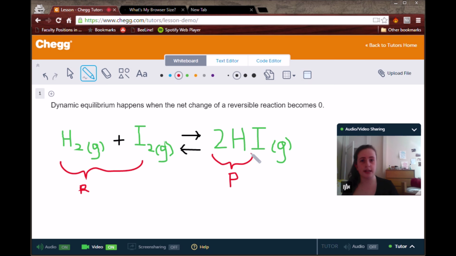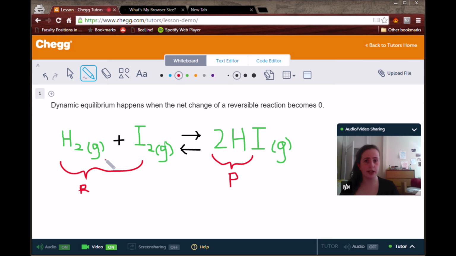So another way of saying that is that dynamic equilibrium happens when the net change of a reversible reaction becomes zero. Now, it's important to note that that doesn't mean that there's no change happening at all in the system. You still have these two gases becoming products and products becoming reactants. So it's not true that there's no change at all in the system.